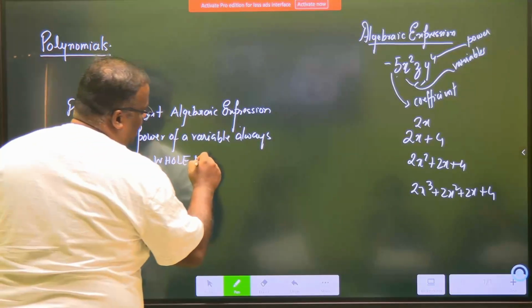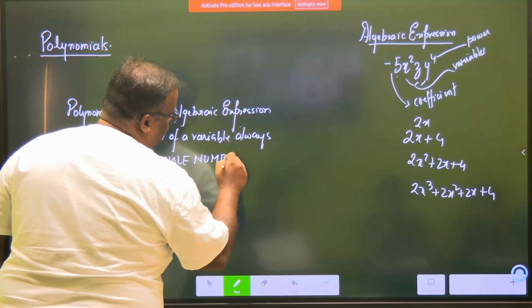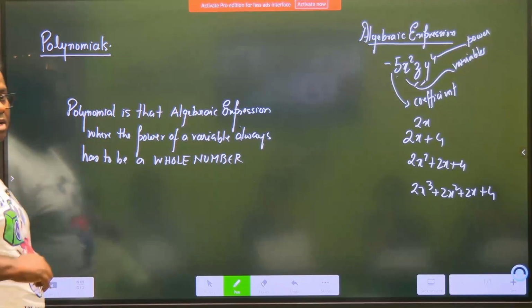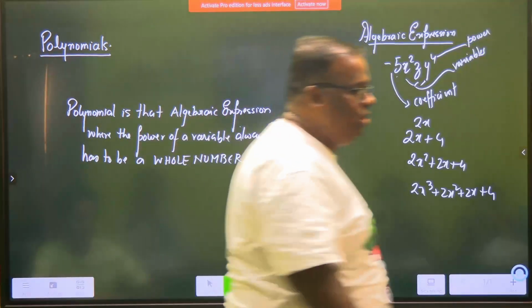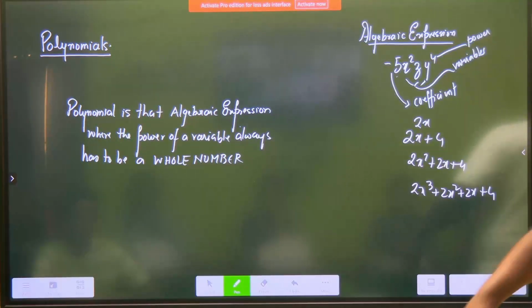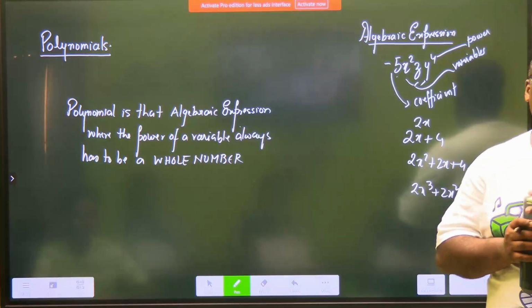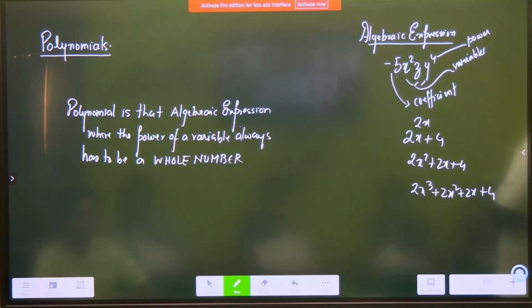A very, very interesting thing, which actually makes you understand that all algebraic expressions will not become a polynomial. Power of the variable always has to be a whole number. Let's understand this.